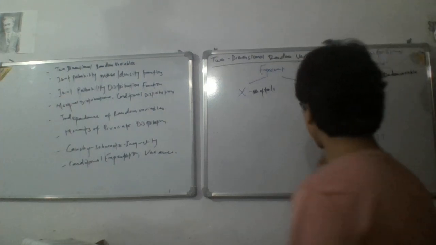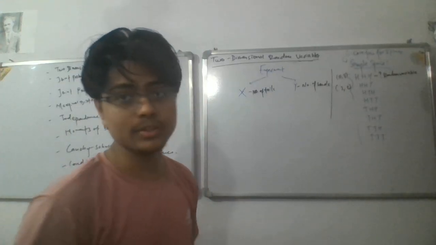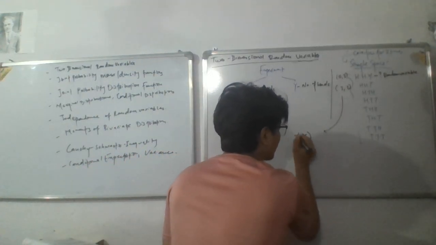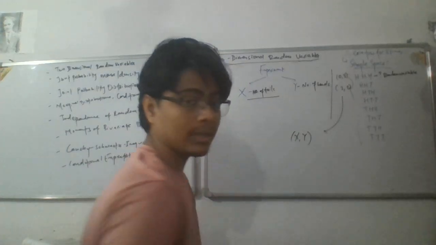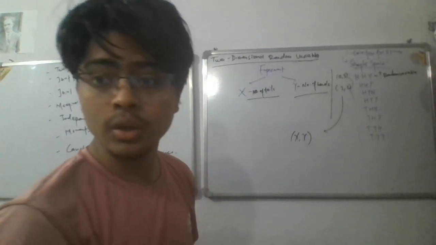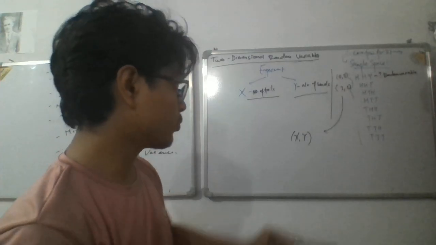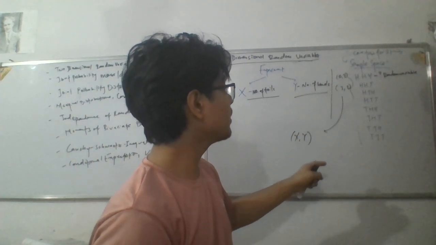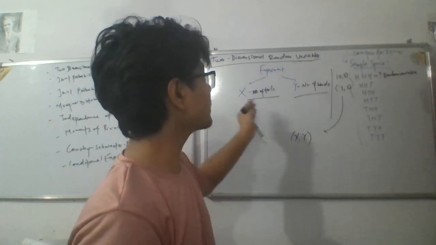That means we have to get a two-dimensional random variable. Now let's say we have random variables x and y, where x is the number of tails and y is the number of heads. If we do so, we get that yes, it works because we have two kinds of variates, and we have defined what these variates mean.